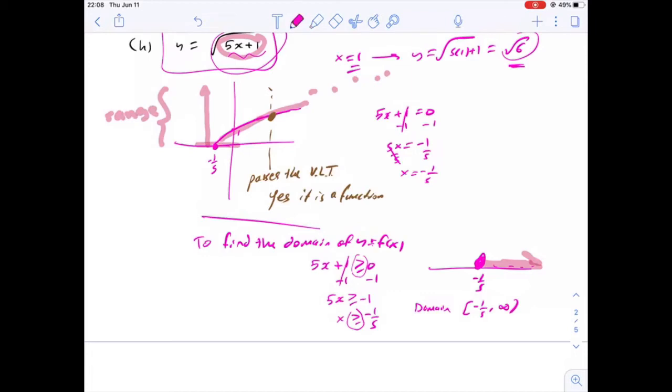So the range is, the height here is 0 to infinity. That's the height. It starts from 0 and goes to infinity. So from 0 to infinity, this is the range. The domain, we look at the x-axis, where the allowed values are. The allowed values are these values here, starting at negative 1/5.